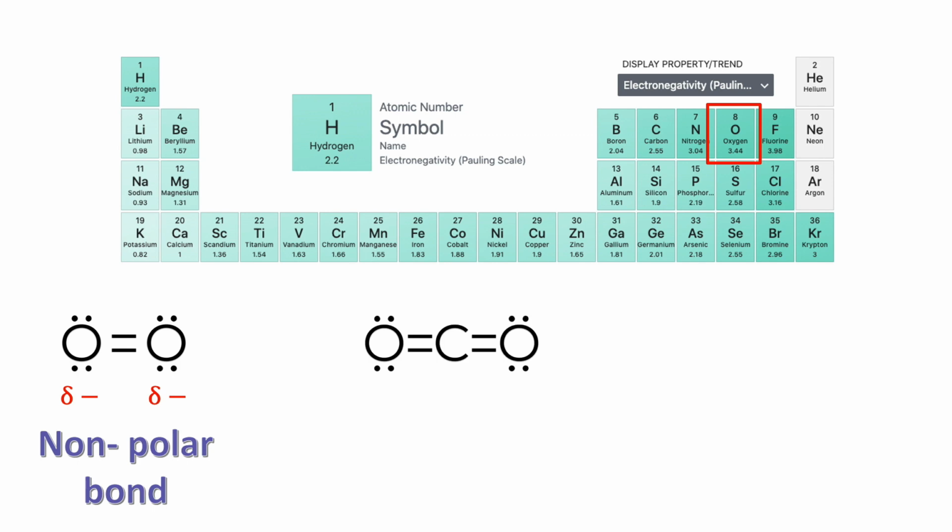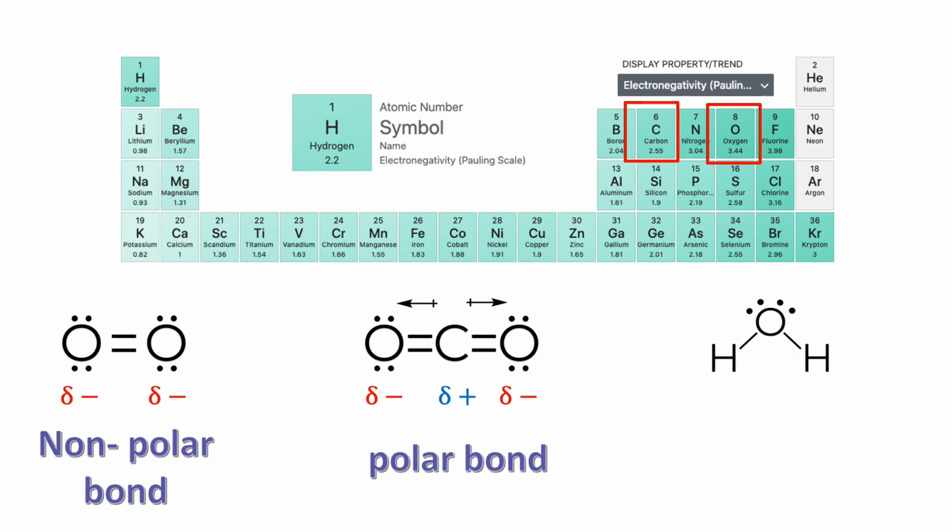Carbon dioxide has different atoms bonded together. The electronegativity of oxygen is higher than carbon, so the oxygen atom attracts the electron density closer to itself, making the electron density unequally distributed in the covalent bond. Therefore, the carbon dioxide molecule has a polar bond.